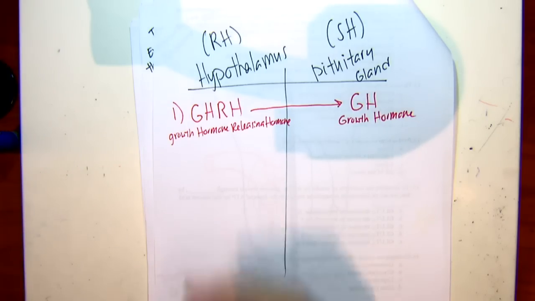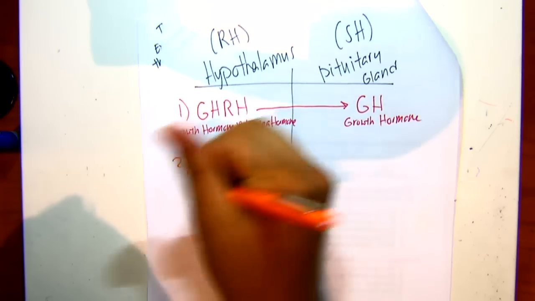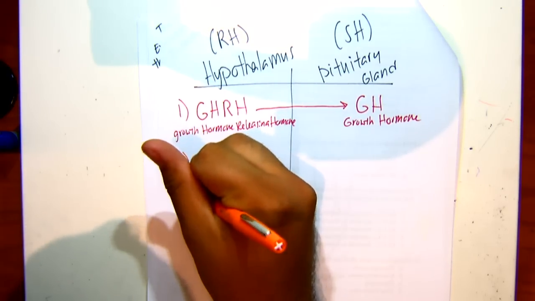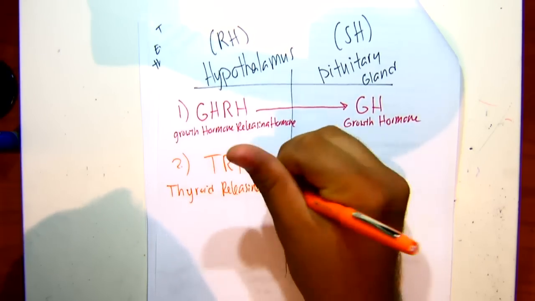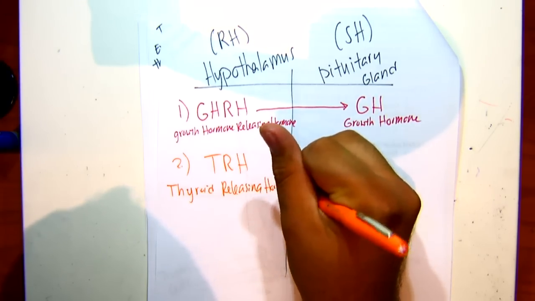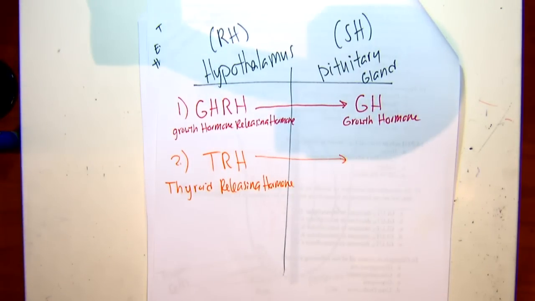Okay. The next one is TRH, and this one is our thyroid releasing hormone. This one also goes through the hypothalamic pituitary portal system, right?